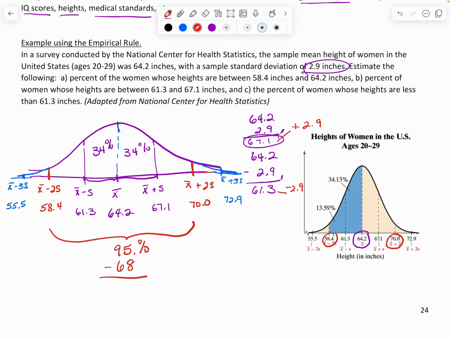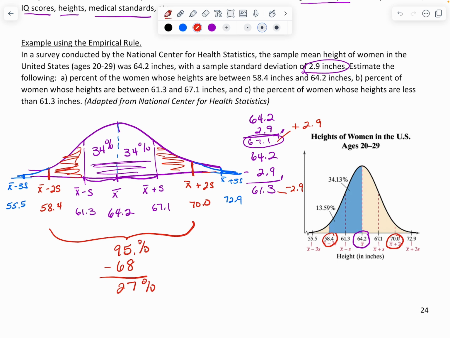So 95 minus 68 is equal to 27%. And that 27% is going to fall in this red area. The 34% is in the purple area.